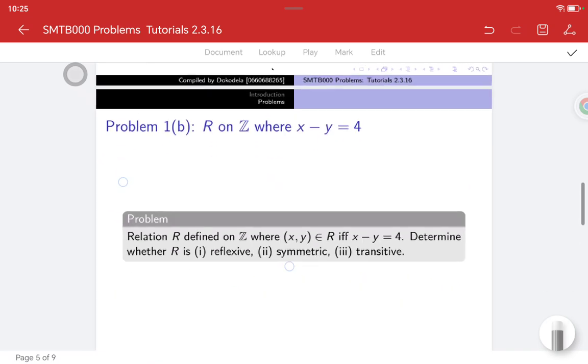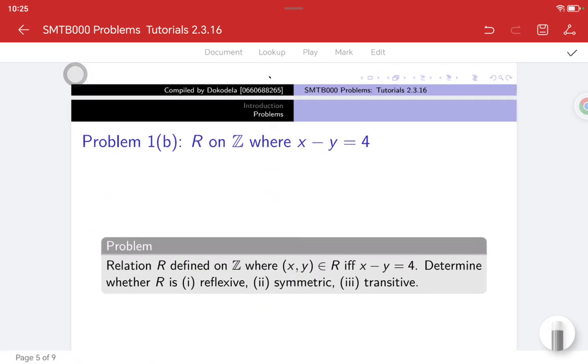So now we come to problem B. Here, we are given that we have R on Z, where X minus Y is equal to 4. They say the relation R is defined on Z, where XY is an element of R if and only if X minus Y is equal to 4.